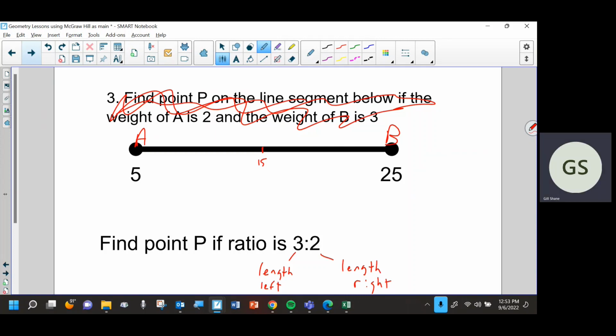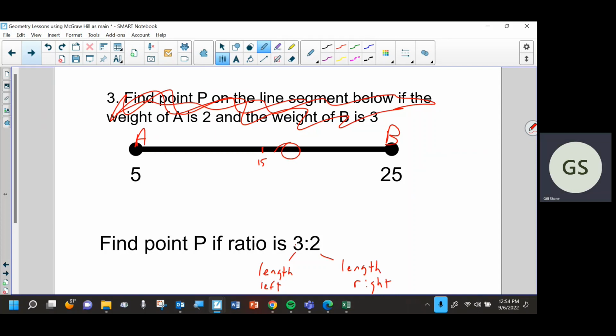So we need the left segment to be bigger, because it's telling you the length of the left is bigger than the length of the right. This is 3, that's 2. So if the left segment has to be bigger, our point has to be to the right of that.